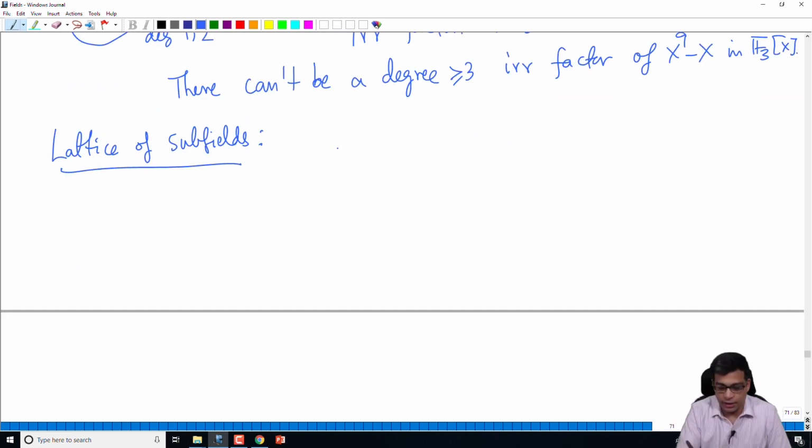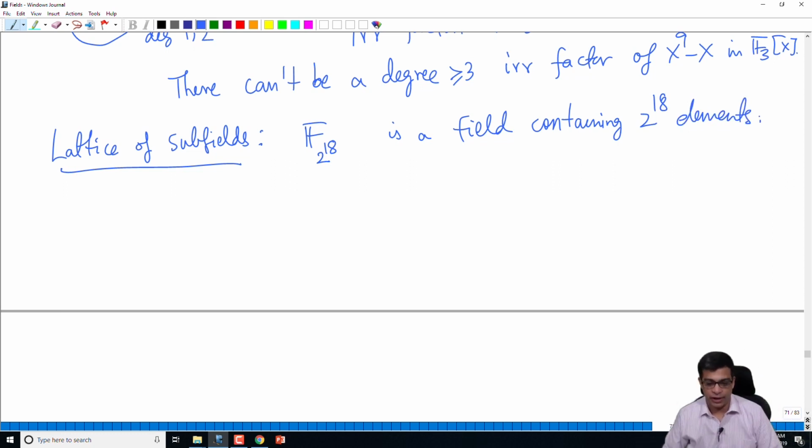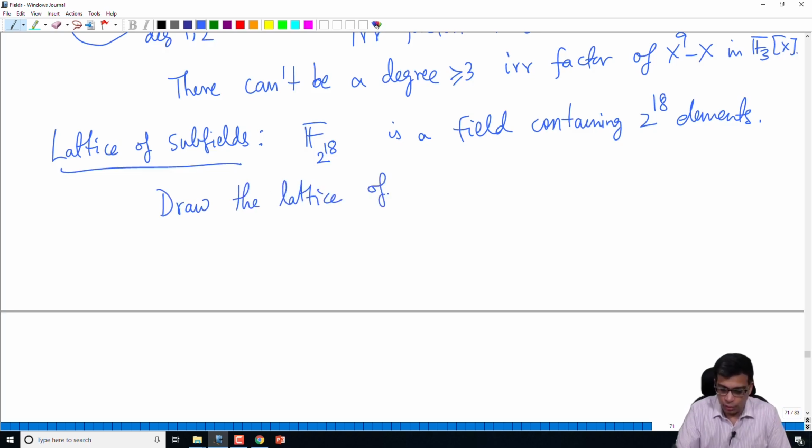For example, if you take F 2 power 18, this is a field containing 2 power 18 elements. This is a huge number. It's a very big field. Let's draw the lattice of subfields of this.